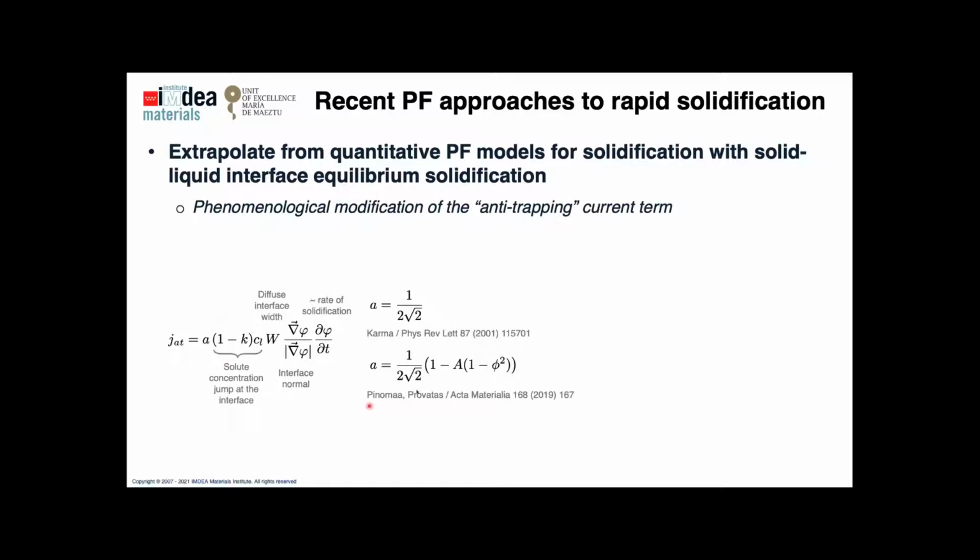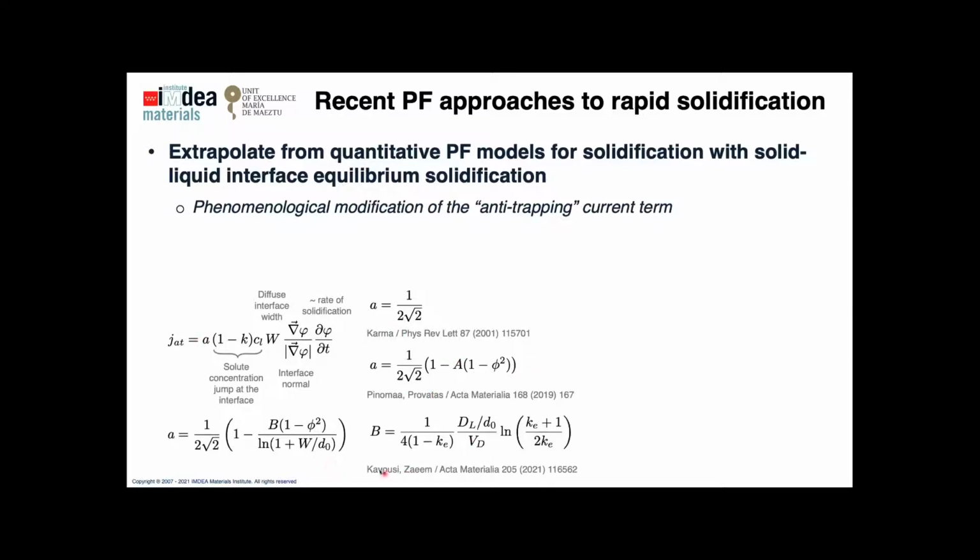So the first group, Pinomaa and Provatas, proposed this function, to change this coefficient here by a function of the phase field. Then there's another group, Kavousi and Asle Zaeem, that proposed another function that is slightly more complex, but they claim it shows better convergence.